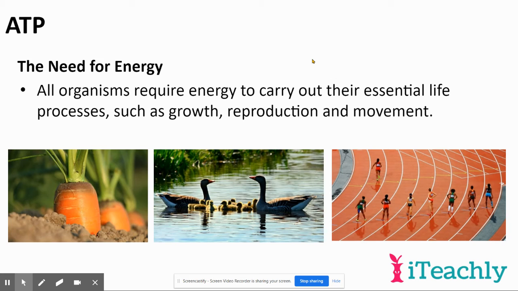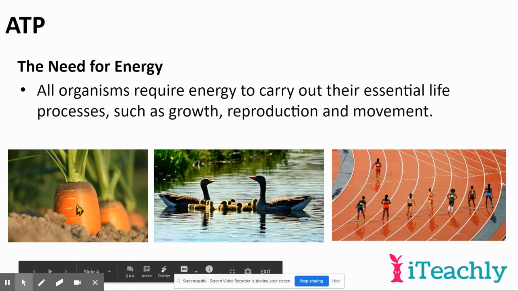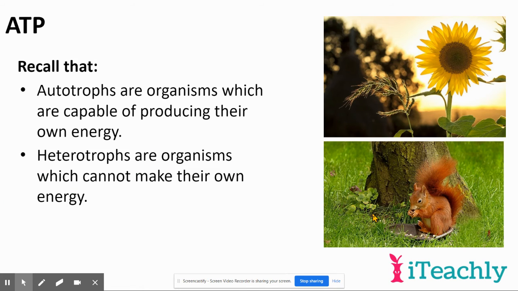So all organisms require energy to carry out their essential life processes such as growth, reproduction, and movement. Plants can make their own energy because they have chlorophyll and they can make sugar, but we have to eat our energy. These are autotrophs. Autotrophs are plants.